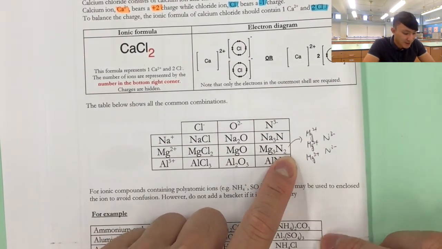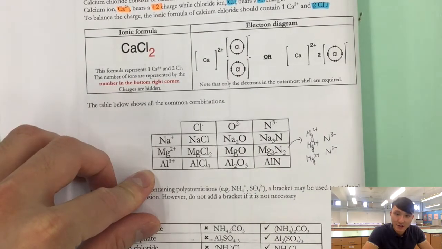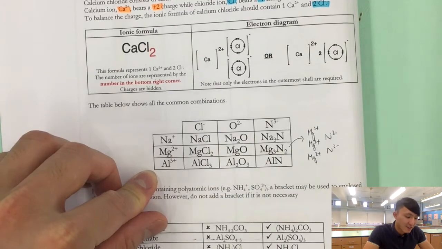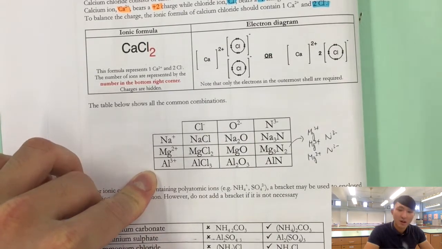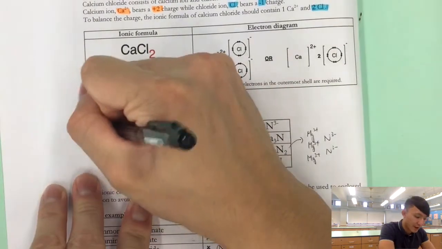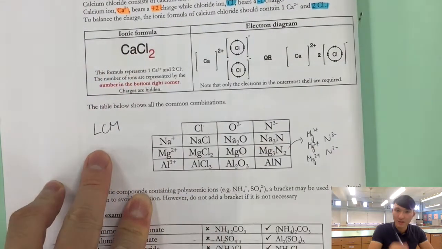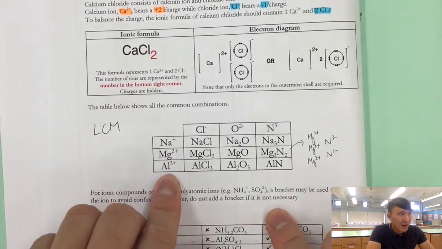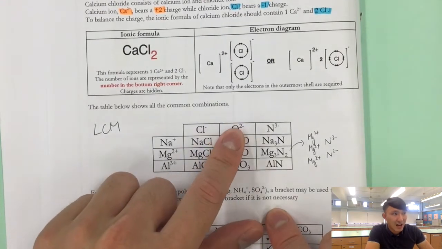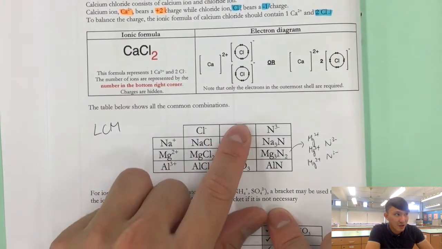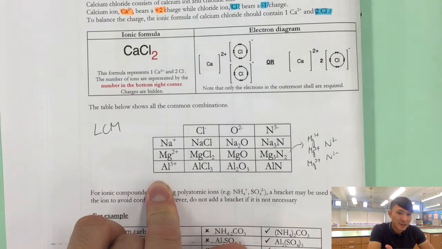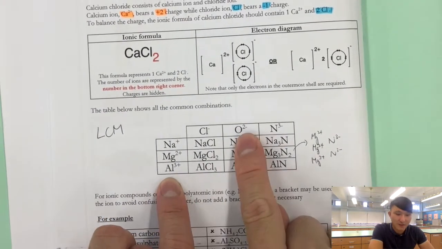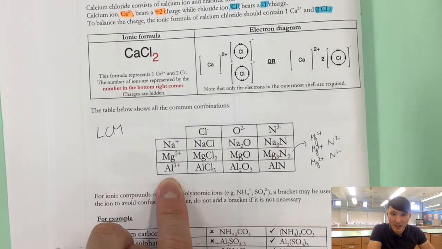So all you have to know is to identify the charge of each ion. Then you make sure you find the LCM, lowest common multiple. For example, aluminium 3 plus and oxide ion, one is 3, one is 2. So the lowest common multiple will be 6. So to do that, we need to have 2 Al3+ and 3 O2-, just like that.